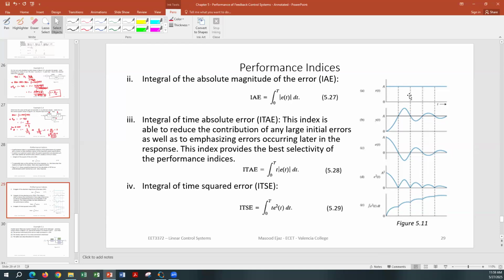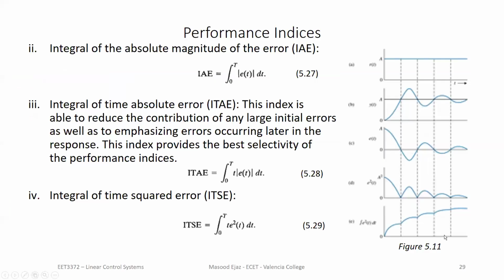So these represent a graphical representation of all the errors. This is your input, which is your step function A, and your output, which is an oscillatory function, and we want the output to have the steady state value of A. Your error function is the difference between this and this.